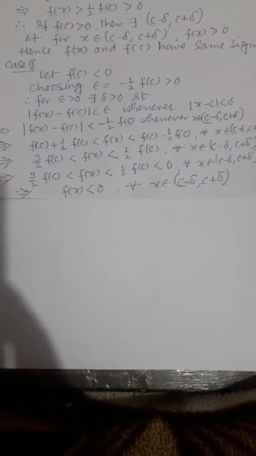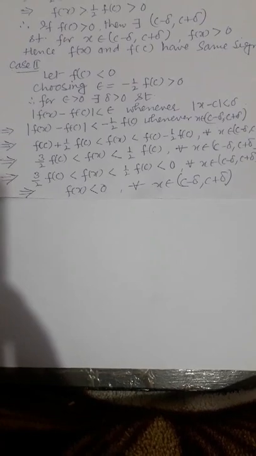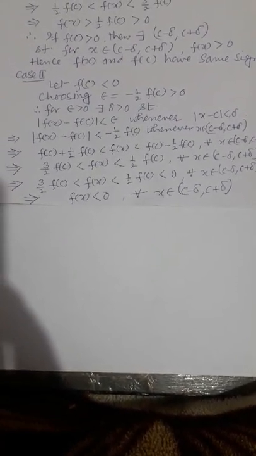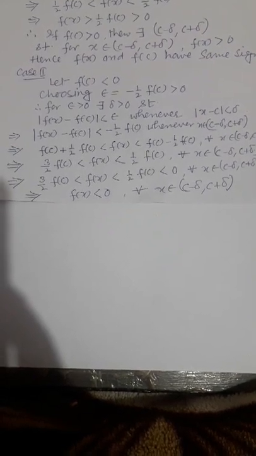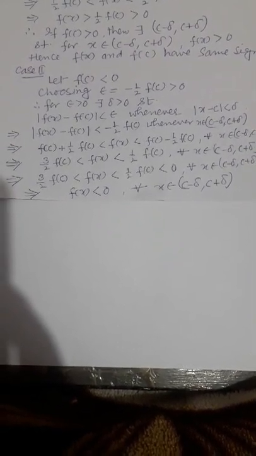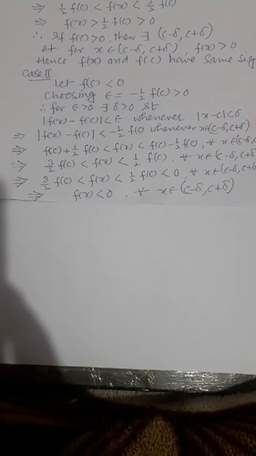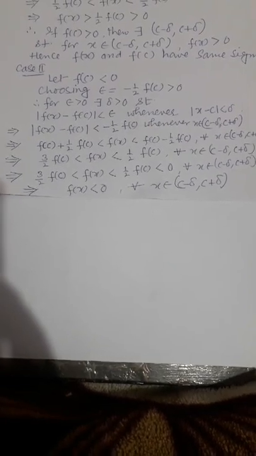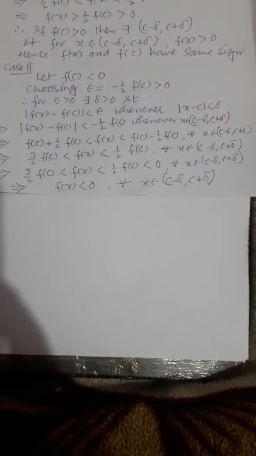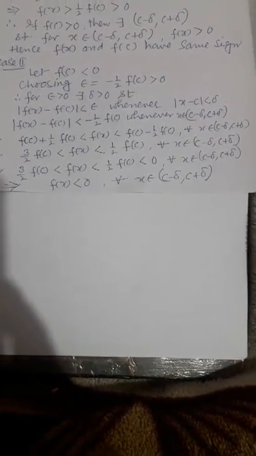Replacing epsilon by minus half of f(c), whenever x belongs to the open interval (c minus delta, c plus delta), we break the absolute sign. f(c) plus half of f(c) is less than f(x) is less than f(c) minus half of f(c), for all x belonging to the open interval (c minus delta, c plus delta).